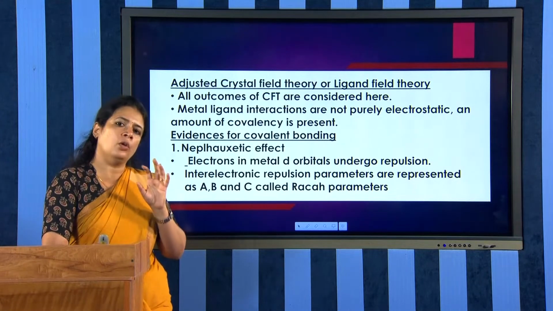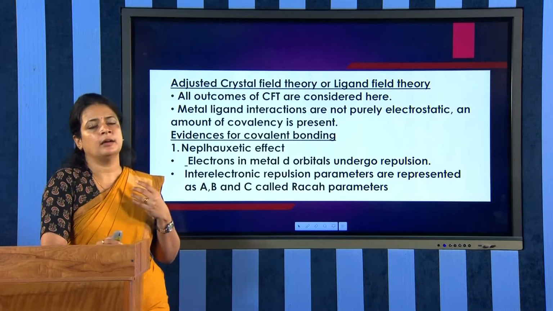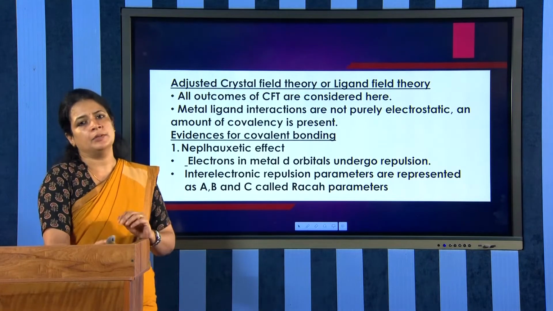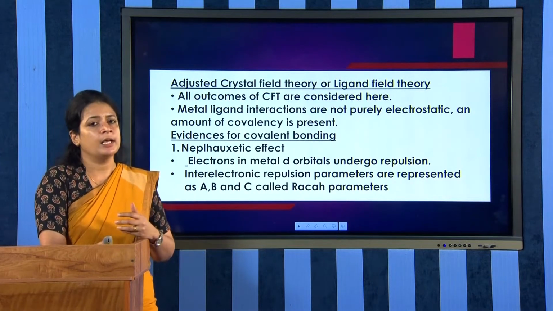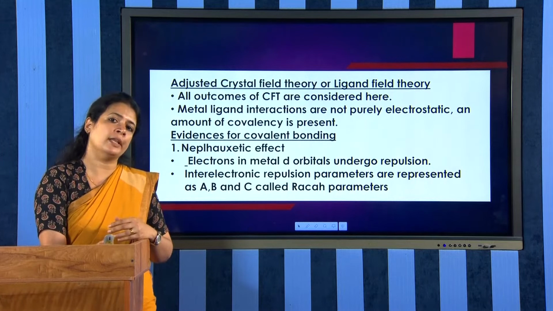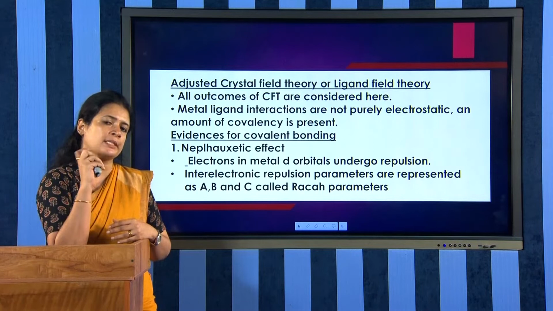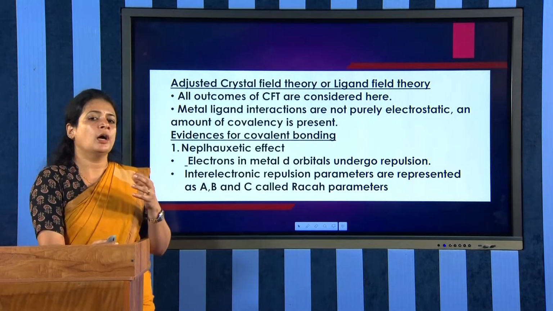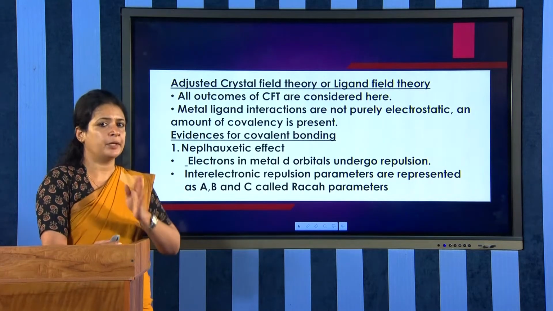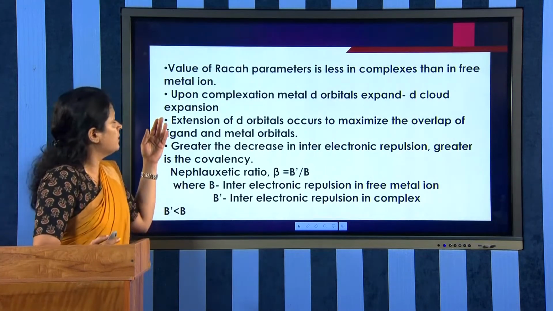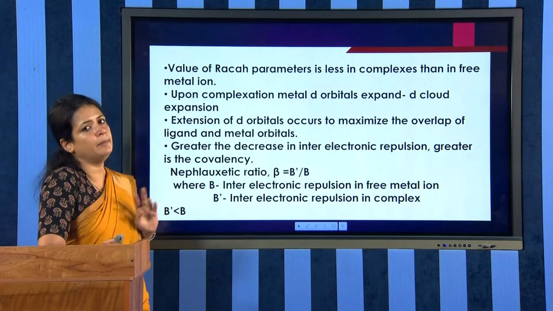It is present in all complexes as well as the free metal ion, and when it was investigated, it was found that the Racah parameter is very much less when a metal is complexed with the ligand when compared to the free metal ion. That is, the free metal ion experiences greater interelectronic repulsion when compared to the complex. So, the value of the Racah parameters is less in the complexes than in the metal ion.